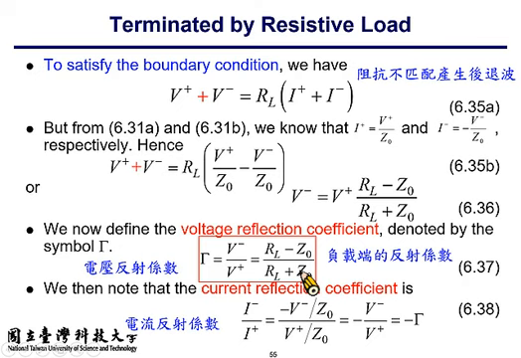And for any resistive load, any resistive termination in between, you will end up with a real reflection coefficient. Let me emphasize this: the reflection coefficient with a resistive load is a real number.